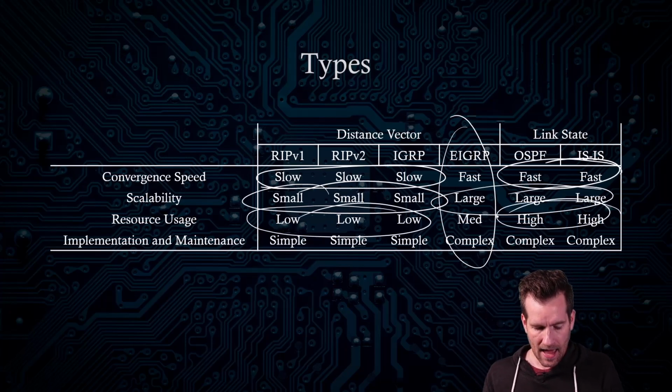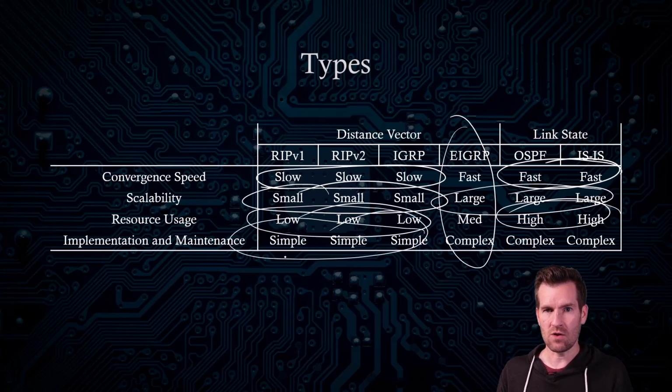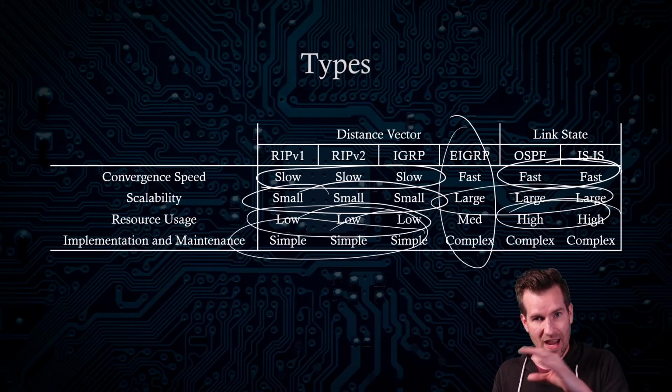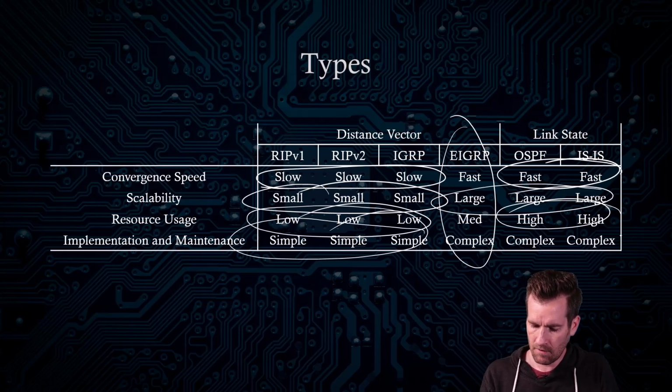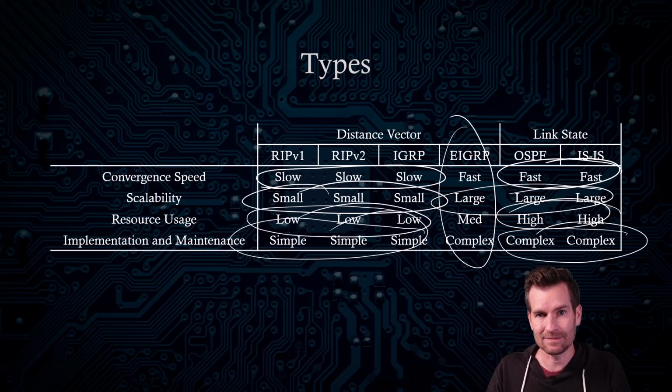And from an implementation and maintenance standpoint, distance vector tends to be simpler, and you don't have to change as much or do as much configuration to get it to work correctly, versus link state, which can be more complex when you're implementing it.